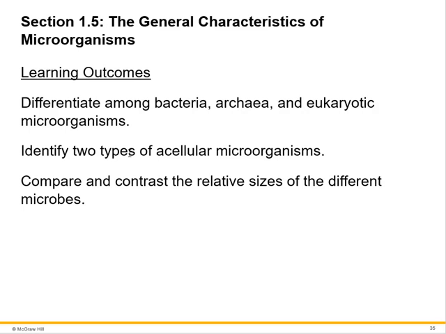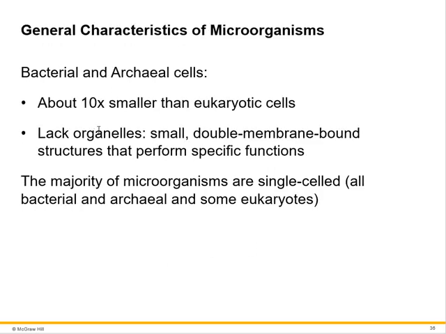Then identify two types of acellular microorganisms, and compare and contrast the relative sizes of different microorganisms. The bacteria and archaea cells are about 10 times smaller, and they lack organelles. Those are the two big things.